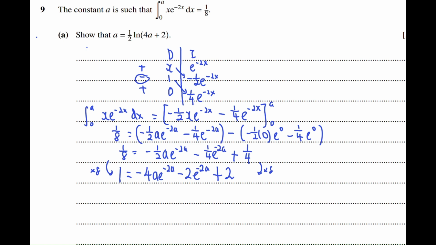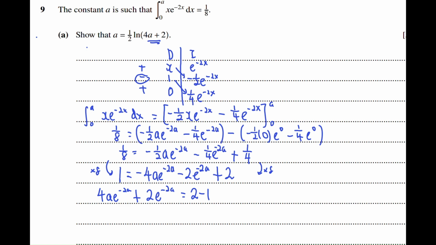I'm going to move these two terms to the left so that they are positive. So I'm going to have 4a e to the power of negative 2a plus 2 e to the power of negative 2a. Then on the right, I'm going to have 2 minus 1. So look at the question. They want you to show that a equals 1 over 2 natural log of 4a plus 2.